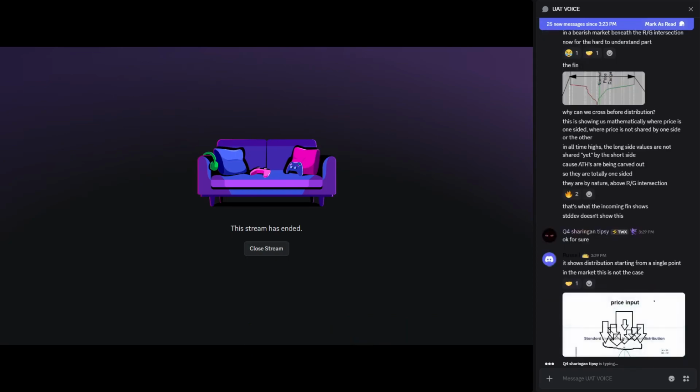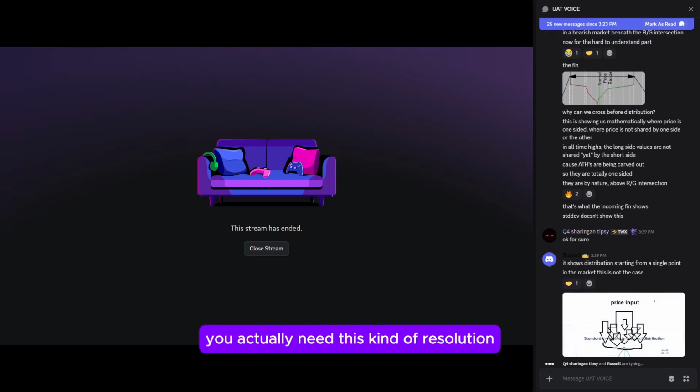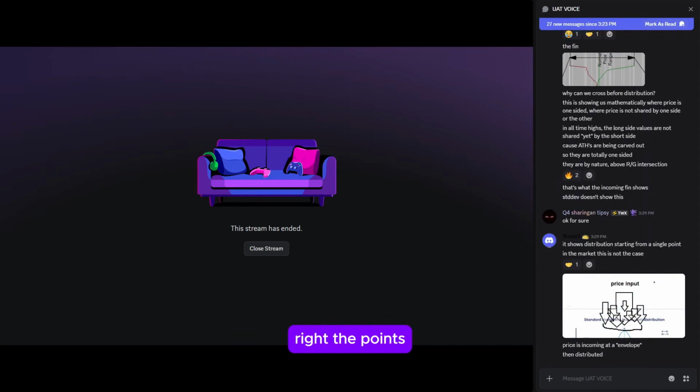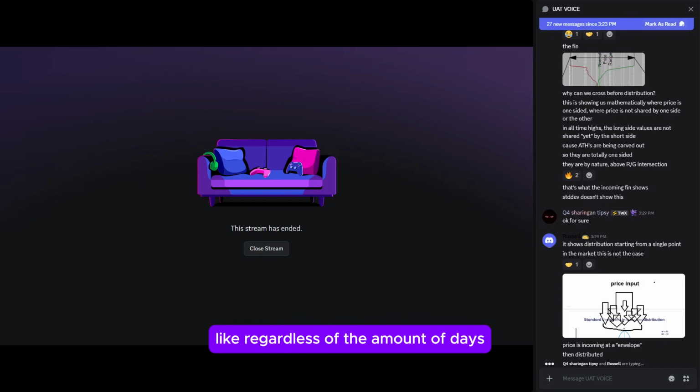What this is also relevant for is IV walls. You actually need this kind of resolution function to get proper IV walls, right? Basically, the endpoints of the IV wall spaghetti curve, I forget the name for that kind of function, are always going to remain static, regardless of the amount of days to load you have.